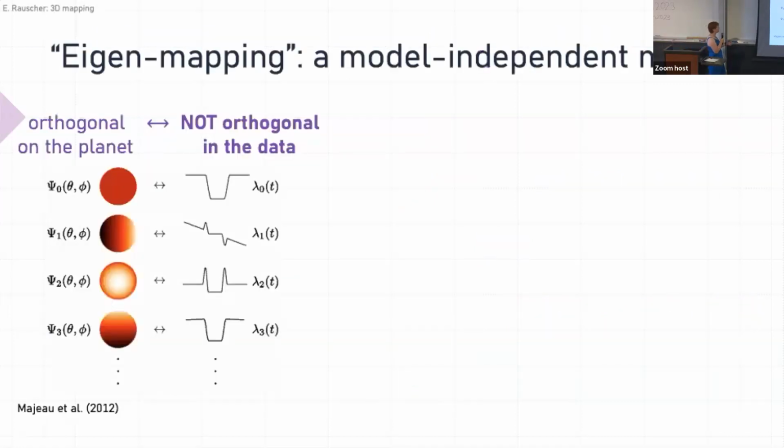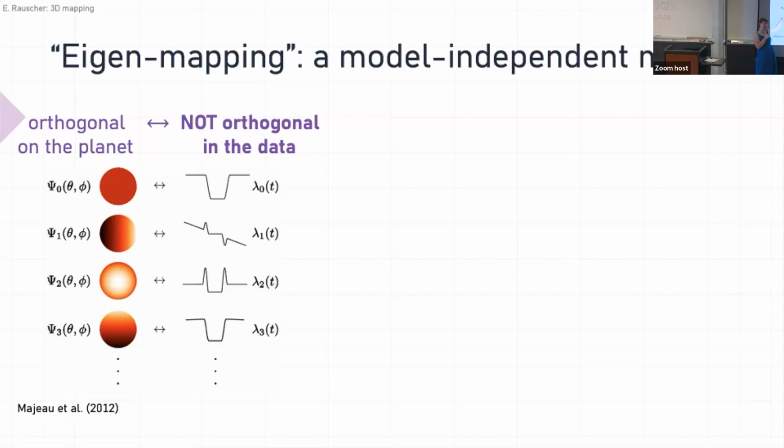Well, we proposed an extension on this, a way to think about a model independent method that gives you the most information possible. So it's one choice. I think there are other good choices, but this one gives you the most information possible. And the idea here is that whereas spherical harmonics are great for mapping a sphere and they're orthogonal on the sphere, what we're actually measuring is light curves.